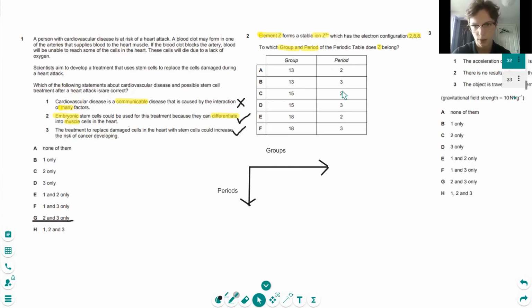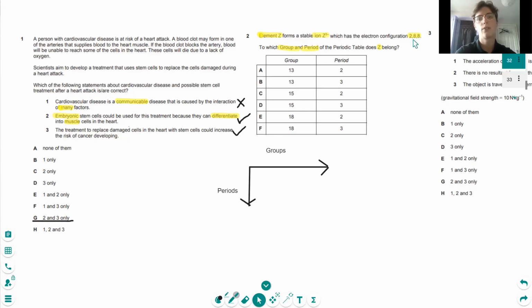So we can already discount half of our answers. Now, what we need to do is work out the group of Z. If Z's ion 3- has an electron configuration of 288, that means it must have gained 3 electrons.